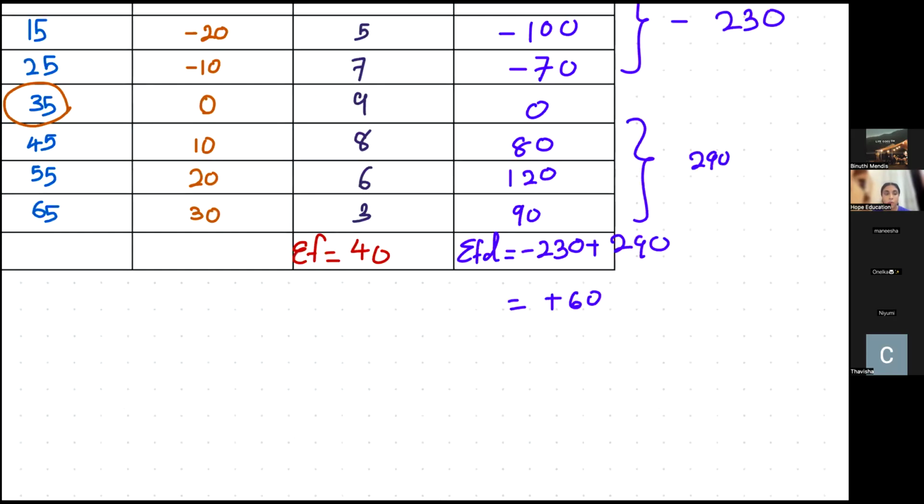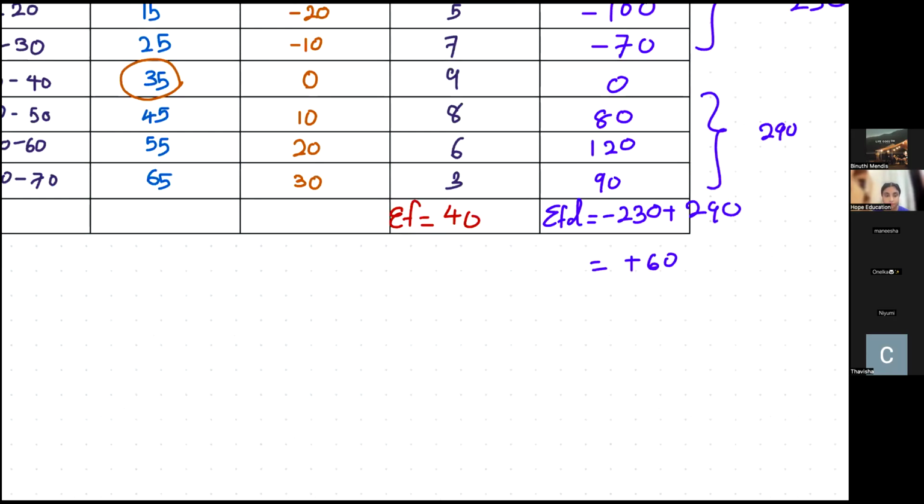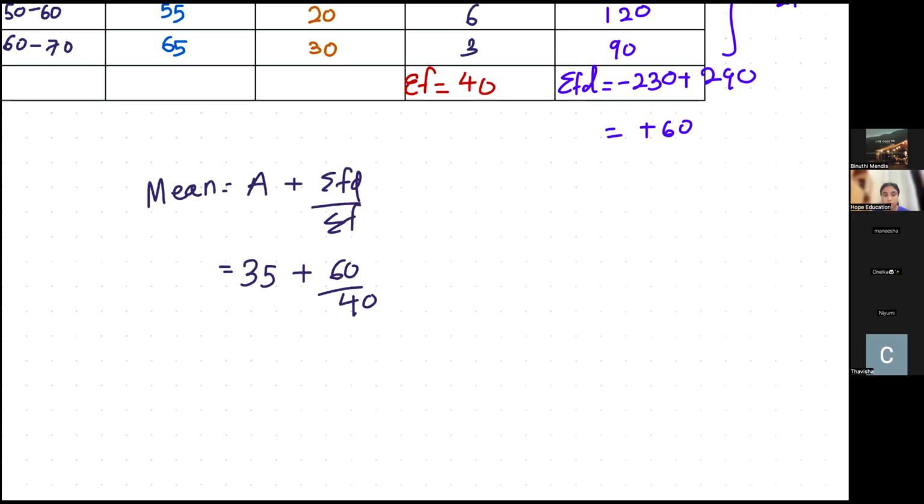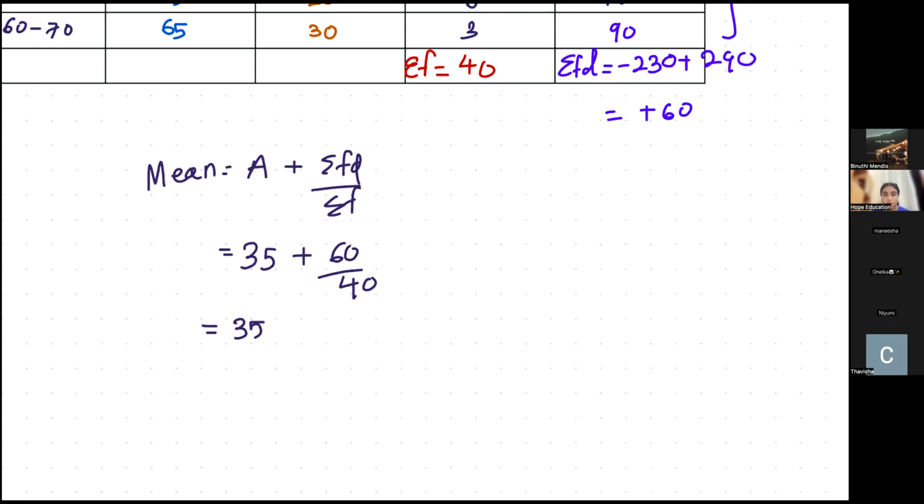So how do we find the mean? Assumed mean plus sigma FD divided by sigma F. Assumed mean is 35, plus sigma FD, which is 60, divided by sigma F, which is 40. 60 divided by 40 is 1.5.